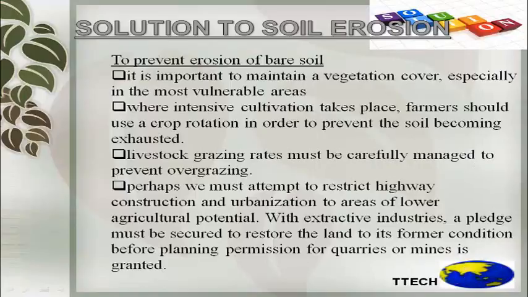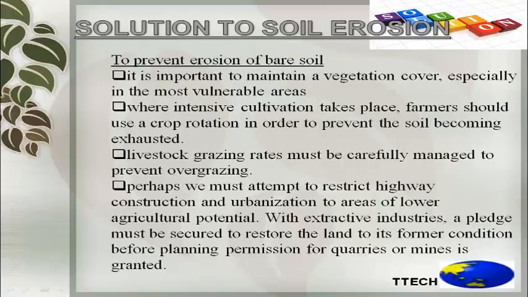Solutions to soil erosion. In order to prevent soil erosion, it is important to maintain the vegetation cover, especially in the most vulnerable areas where intensive cultivation takes place. Farmers should use crop rotation in order to prevent the soil becoming exhausted.